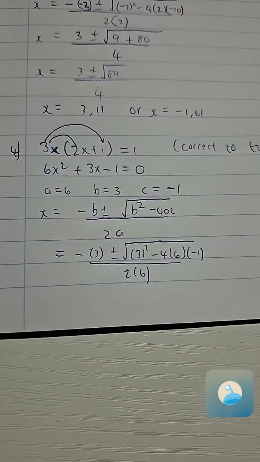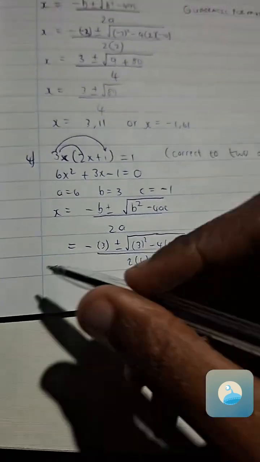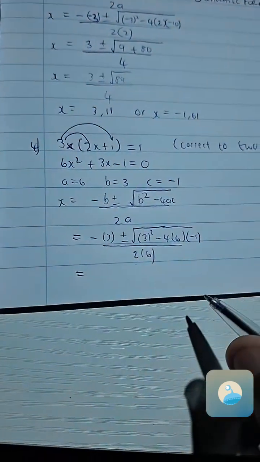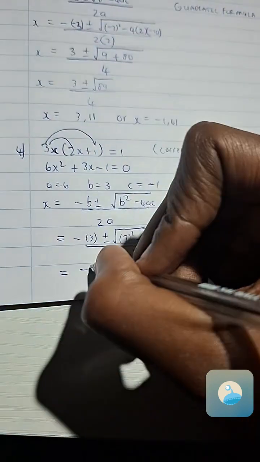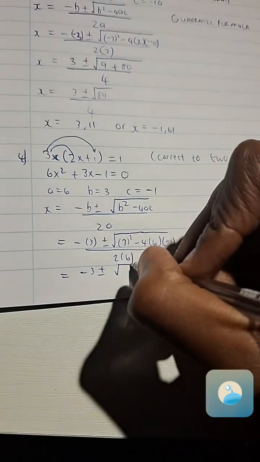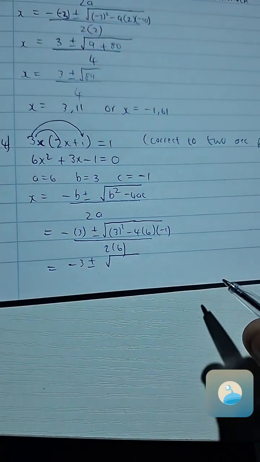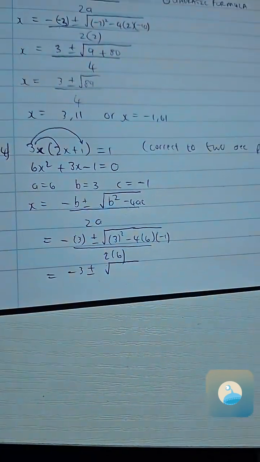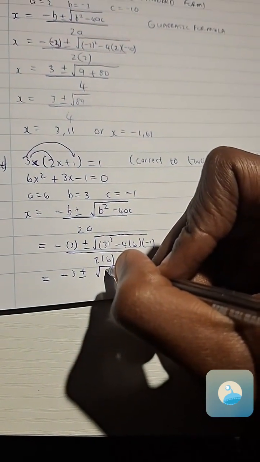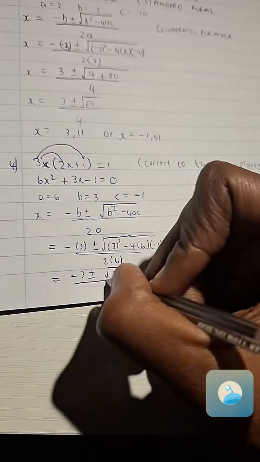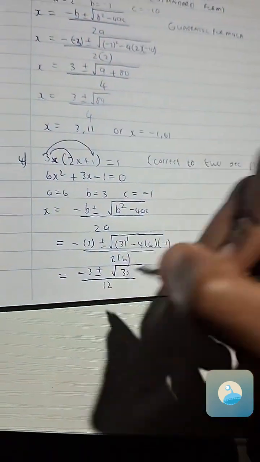Okay. x is equal to negative 3 plus or minus the square root of 9 plus 24. What's 9 plus 24? Let's write the entire number. 9 plus 24 gives us 33, over 12. Epic.